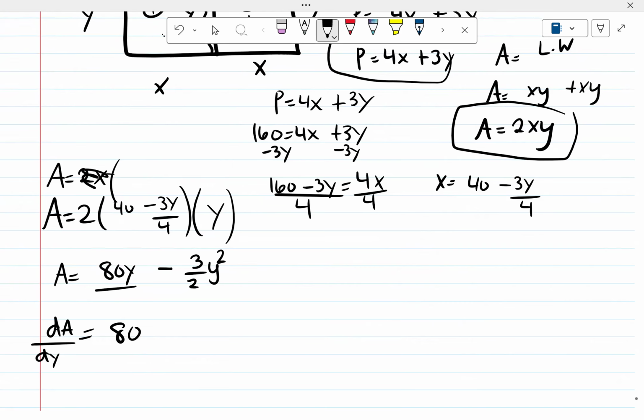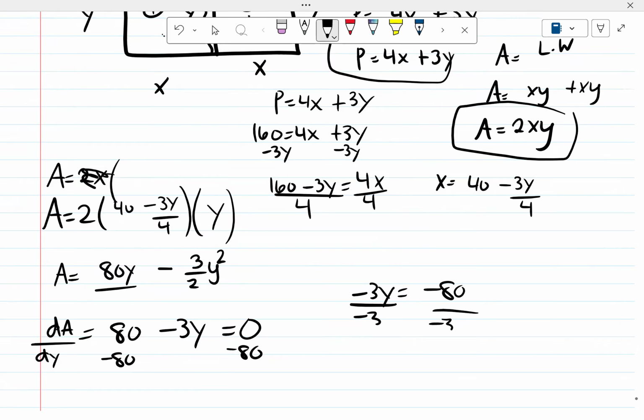The derivative of negative 3 half y squared is negative 3y. And you set that to 0. We need to subtract 80, you get negative 3y equals negative 80. Divide both sides by negative 3, you get y equals 80 over 3.